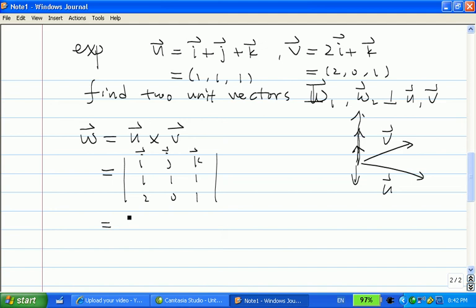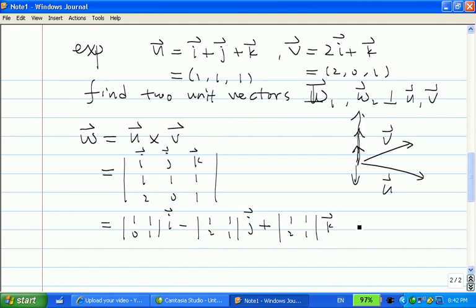So you write this as a determinant. The first one is the cross of the first row, first column: I, minus the cross of the first row, second column, you get 1, 2, 1, 1: J, plus the cross of the first row and third column, you get 1, 2, 1, 1.